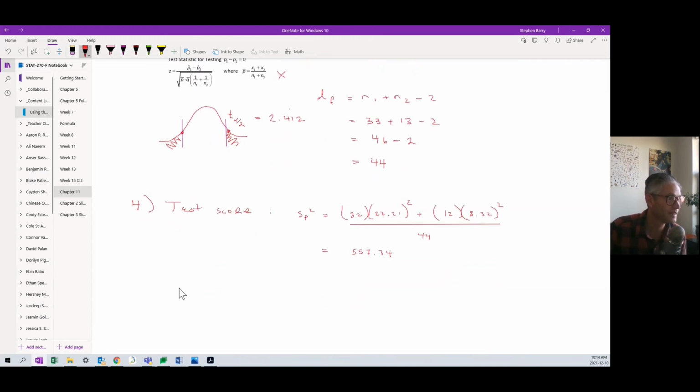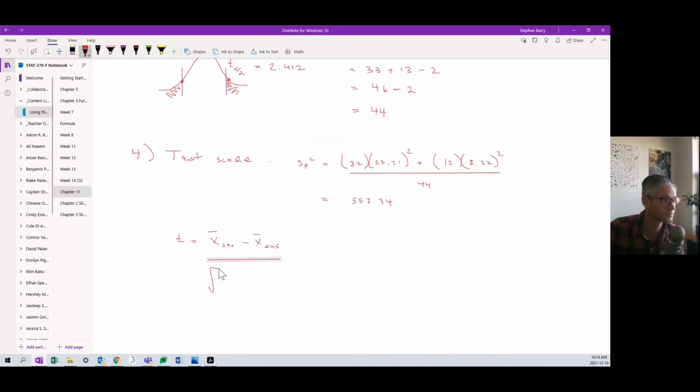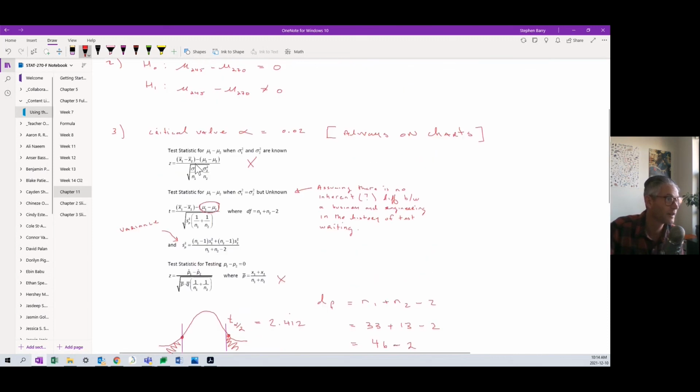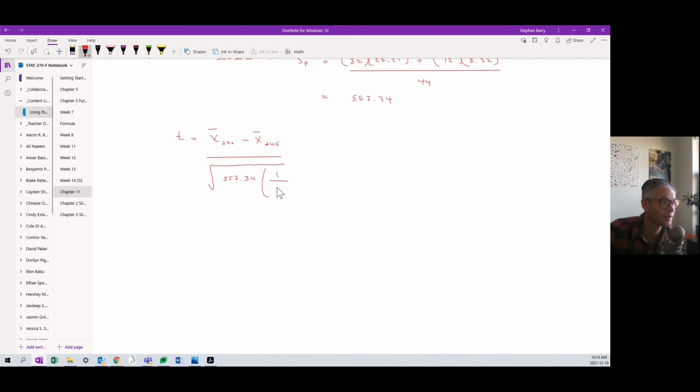It's going to be t equals x̄270 minus x̄245, divided by the square root of this new variance times 1 over N1 plus 1 over N2. So N1 is 33.